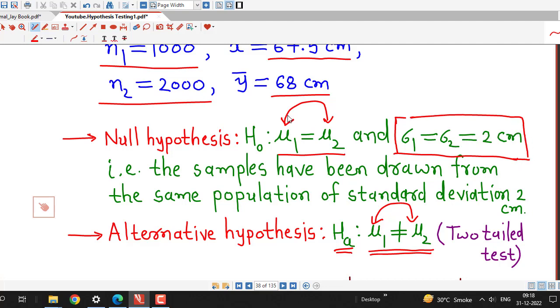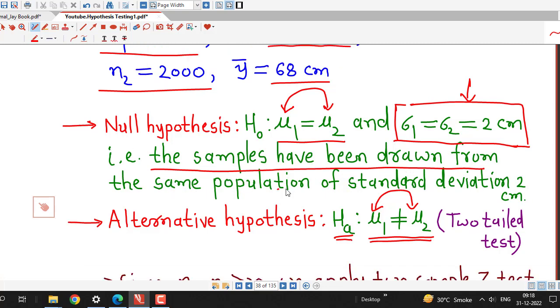In other words, we can write our null hypothesis in this way also: the samples have been drawn from the same population of standard deviation 2 centimeter. And because we have this type of inequality here, we can say that we have a two-tailed test.